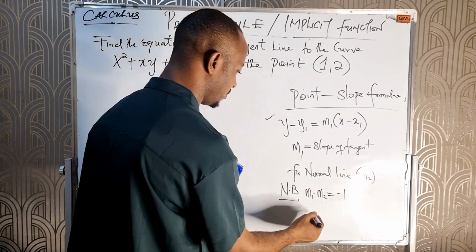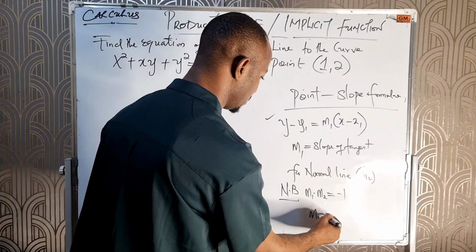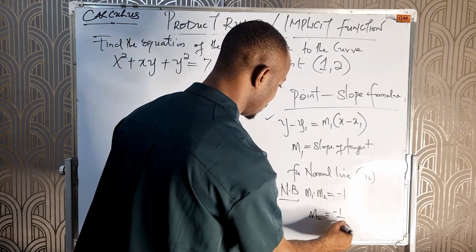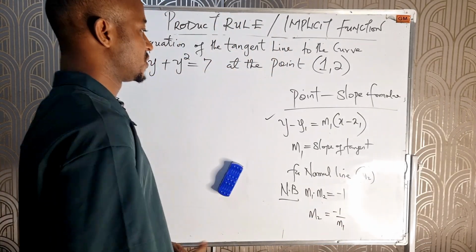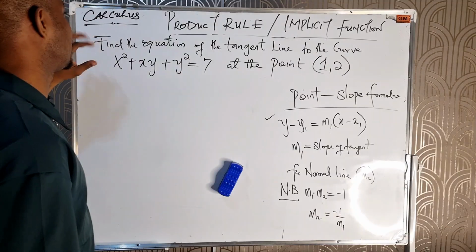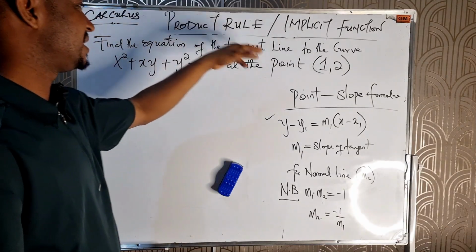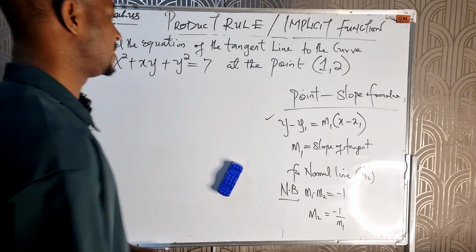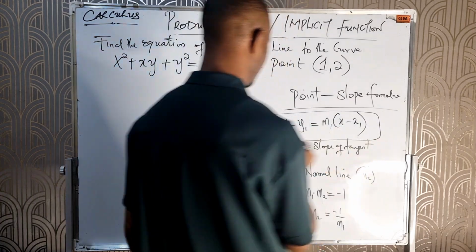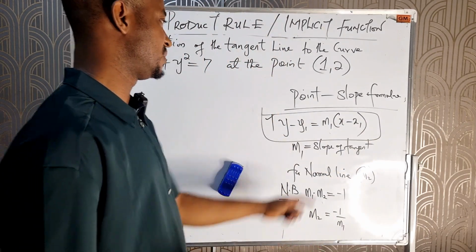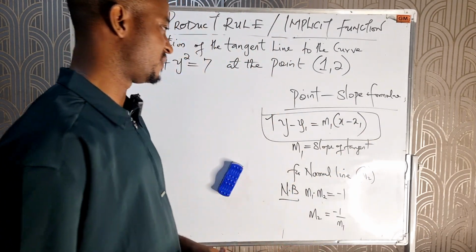So m2 equals -1 over m1. Since the question says find the equation of the tangent line, I will use m1 as the slope of the tangent.